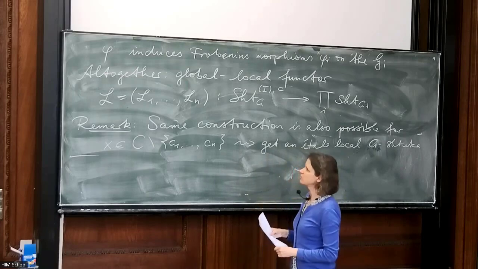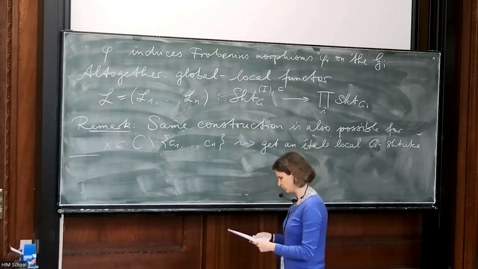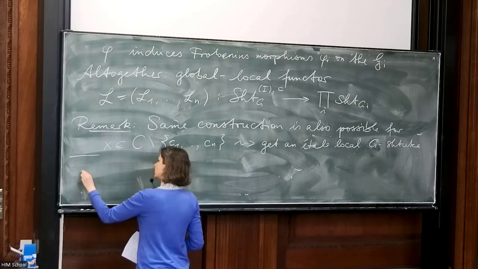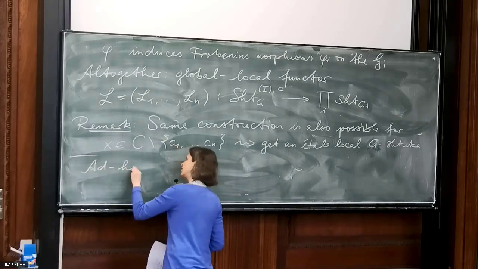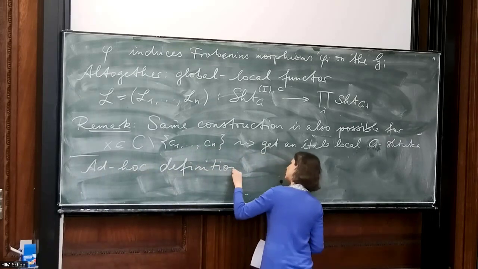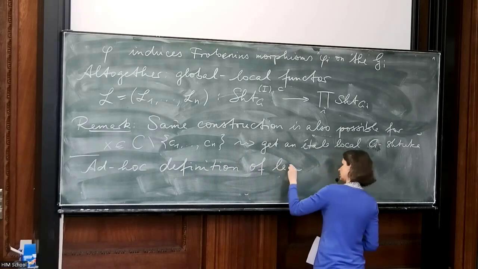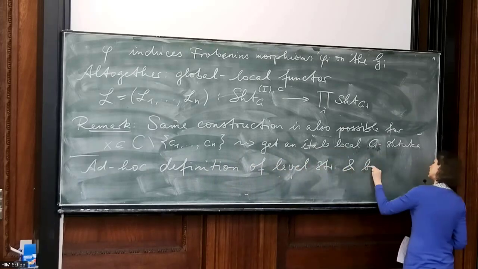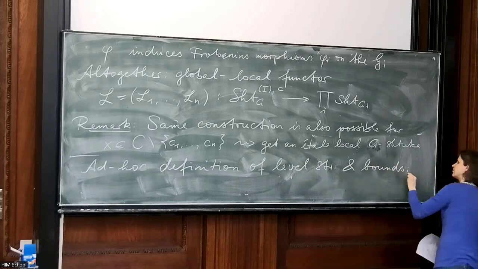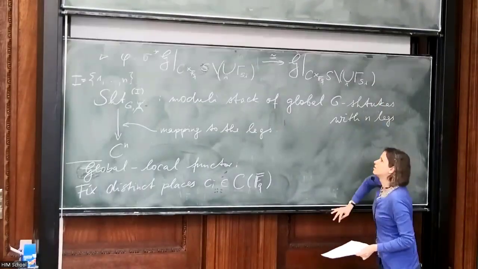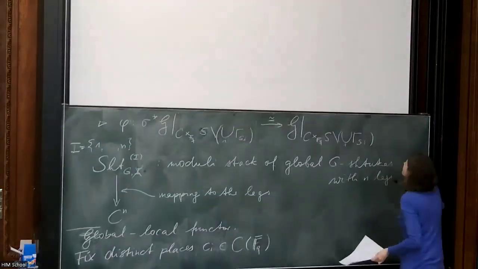We can define bounds in the global situation using the global-local functor. So, an ad hoc definition of level structure and bounds.